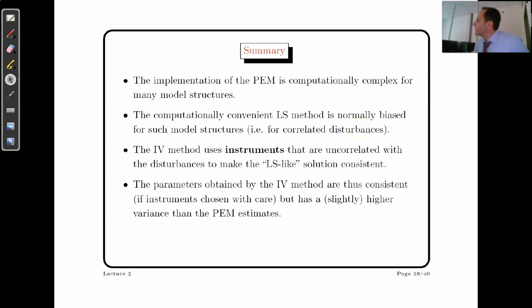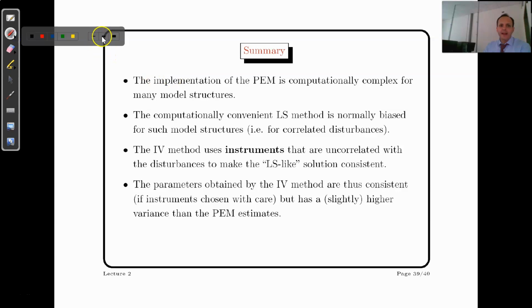It means that you can use the least square approach when you limit your estimation to FIR or ARX models. The instrumental variable method uses instruments, so it is something that we can call LS-like, meaning similar to the least square solution. The selection of the instruments makes the solution consistent. This is the point.